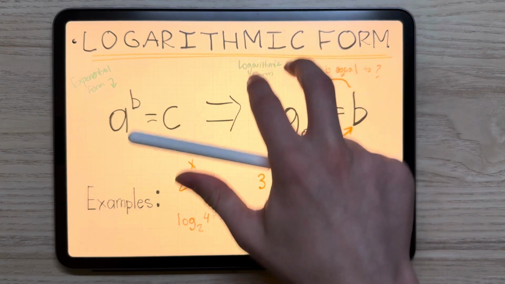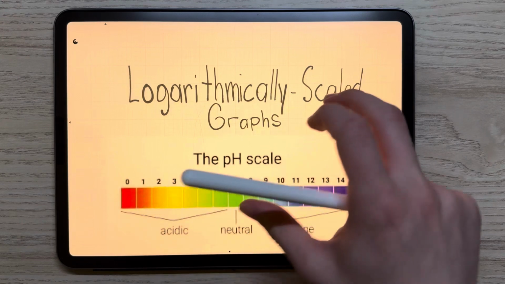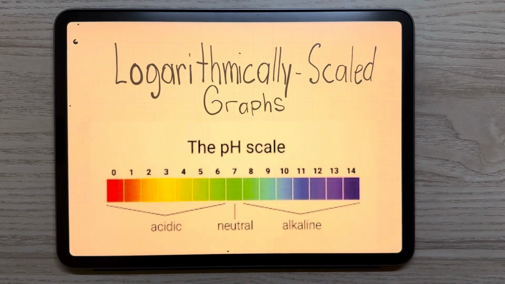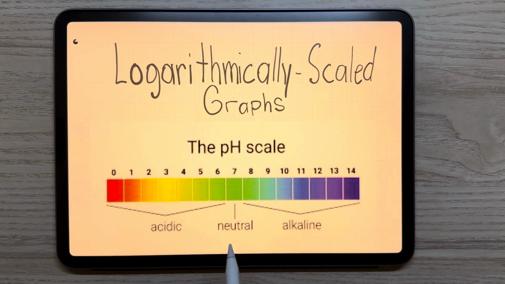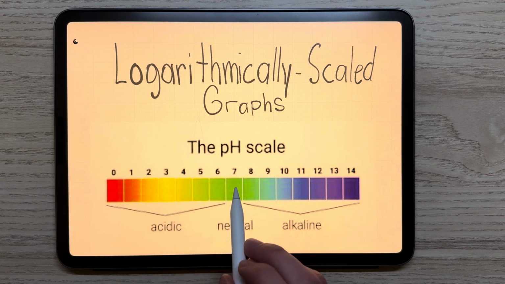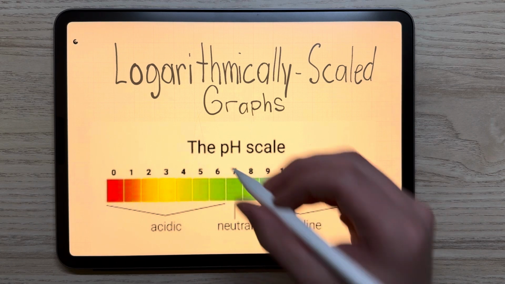So now we're going to move on to graphs that use these logarithms. And I want to introduce it with the pH scale. So let's say that you have some water and it has a pH level of 7.